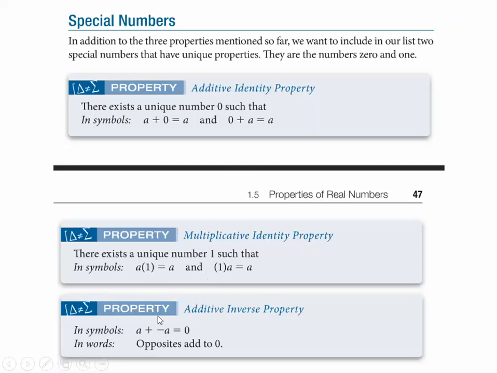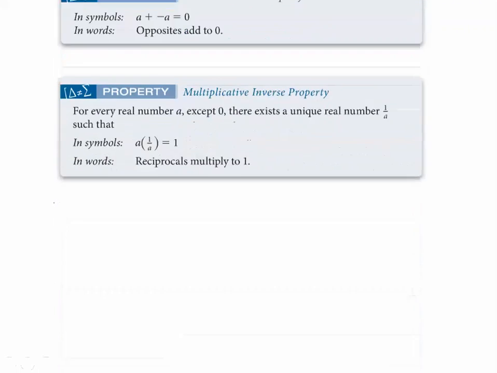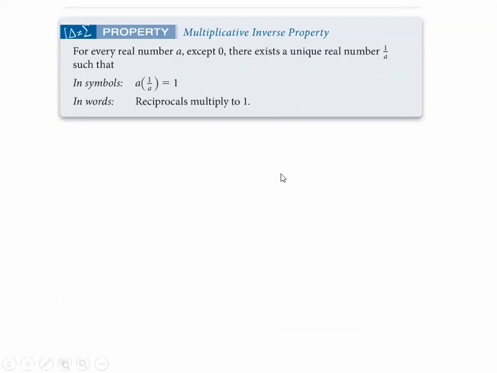And something we've seen in, I think, section 1.3 is the whole concept of adding opposites. If you were to add opposites, a plus negative a, those will cancel each other out and just leave you with 0. Okay, and one more property to go: the multiplicative inverse property.